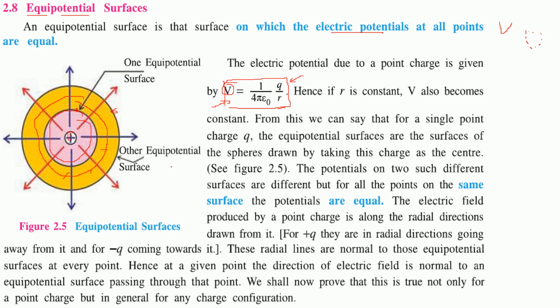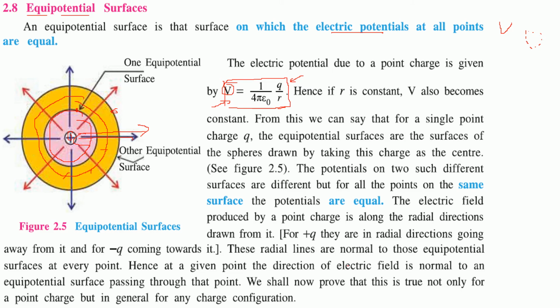The electric field produced by a point charge is along the radial direction. If you take plus q, the lines are radial, going away from it. If you take minus q, they will be coming inside. So these radial lines are normal to these equipotential surfaces at every point.